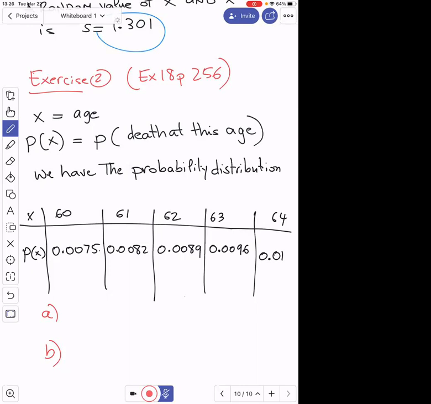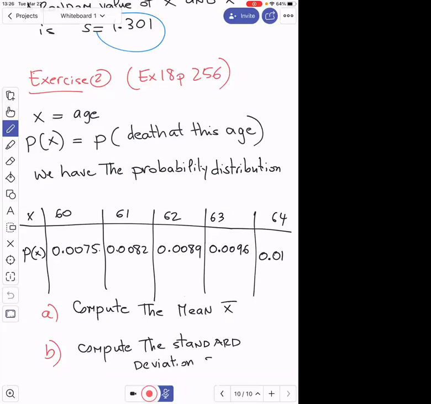What we can do is compute the X bar, the mean, and then compute the standard deviation here. Anyway, it's 120.